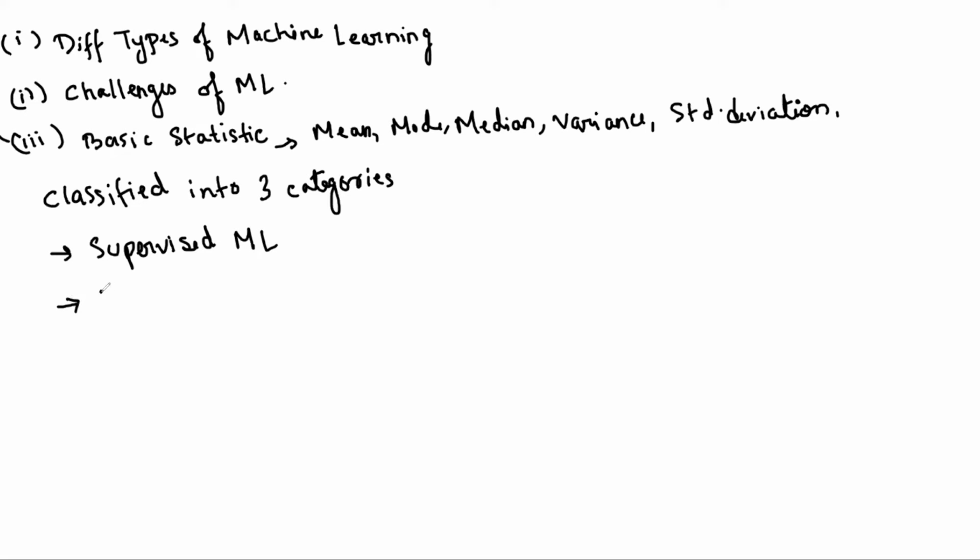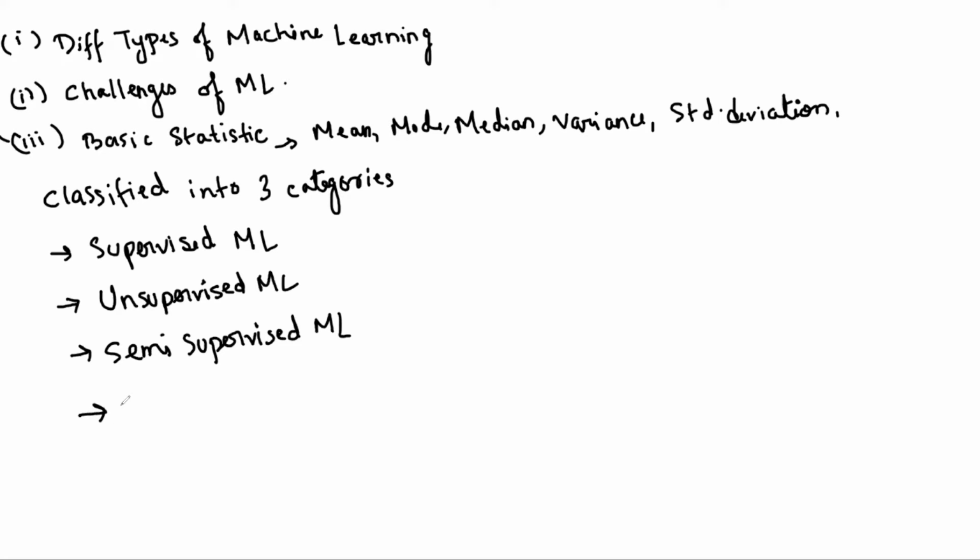The other is unsupervised machine learning. The third category is semi-supervised machine learning. And then there is also one more, called reinforcement machine learning.